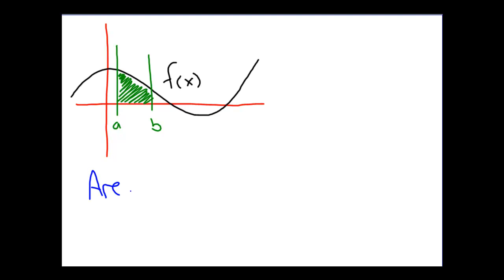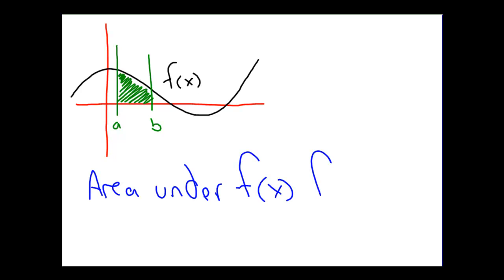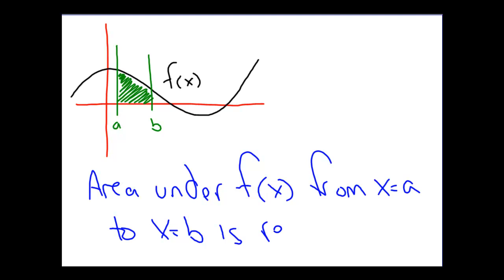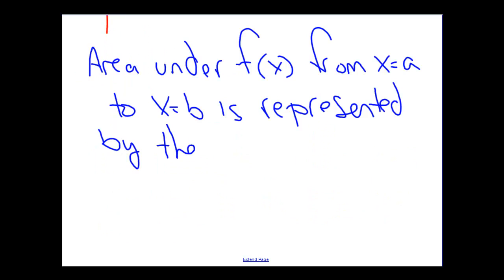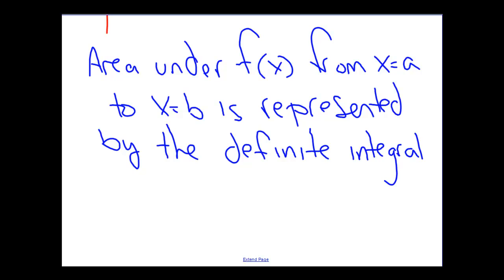So the area under f of x from x equals a to x equals b is represented by the definite integral given by this expression, the integral from a to b of f of x dx.